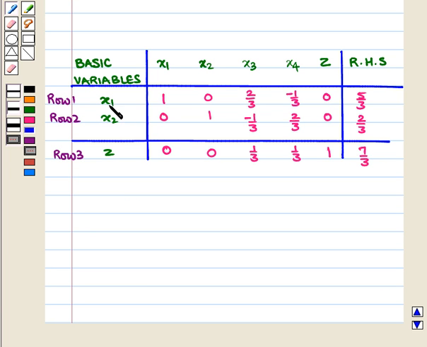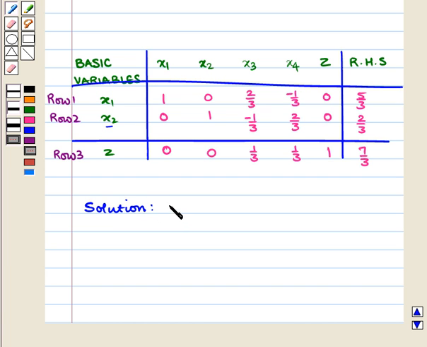Corresponding to x1, we have the value 5 by 3 and corresponding to x2, we have the value 2 by 3. So, the solution to the linear programming problem is x1 is equal to 5 by 3 and x2 is equal to 2 by 3.